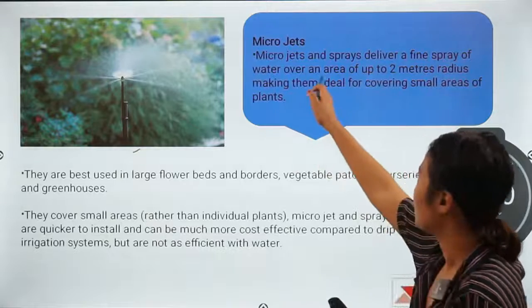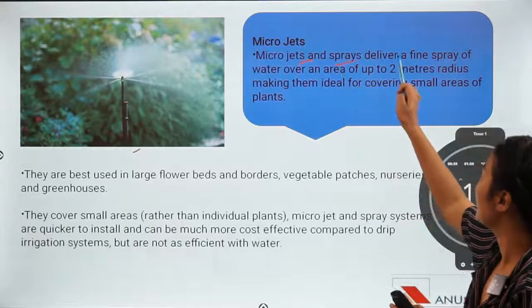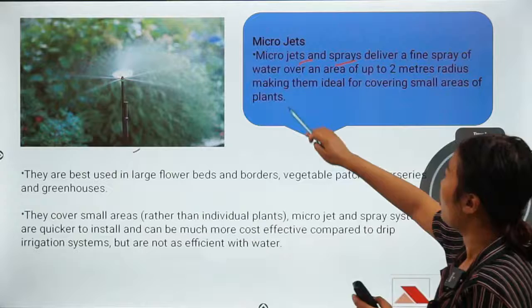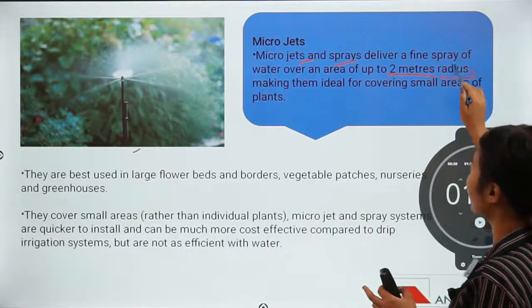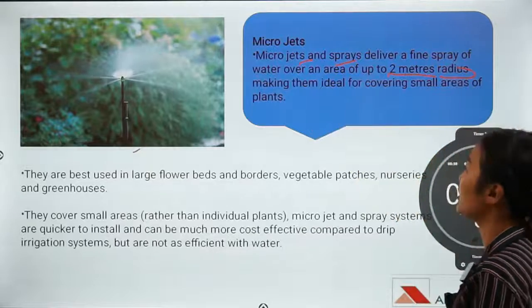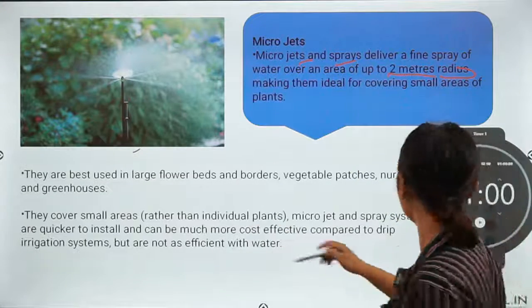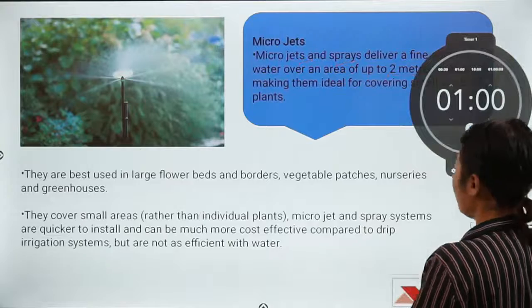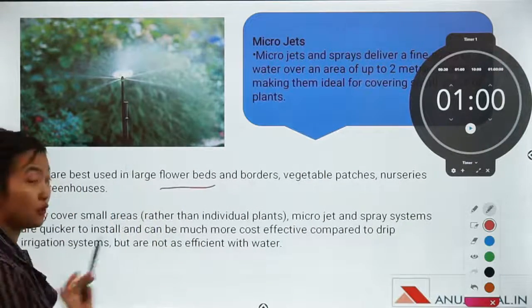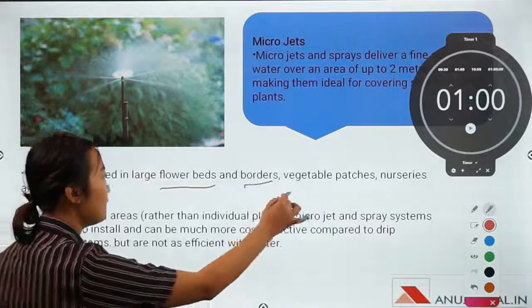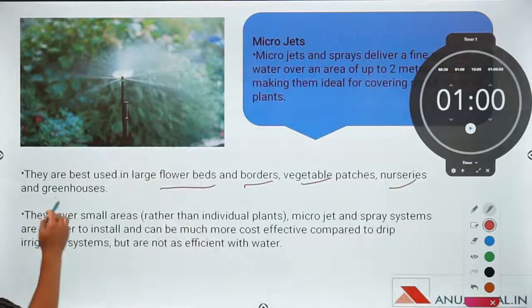These sprayers, the jets, deliver a fine spray of water for an area of only about 2 meter radius. Remember that, which makes it ideal for covering small areas of plants. Here I've also given what other crops these are most suitable for. These are also suitable for larger flower beds, borders, vegetable patches, nurseries, and greenhouses.